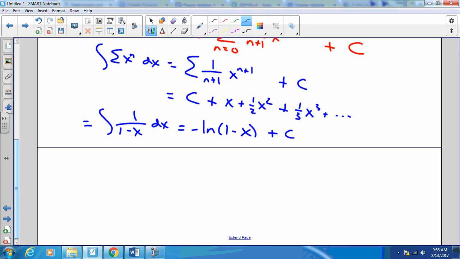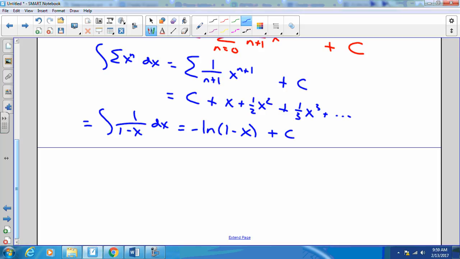So this is fascinating because what I have done now for the first time is to create a series representation for a function that is nowhere near a polynomial. Isn't that interesting? We actually have a way to compute the logs of numbers by representing them as series.